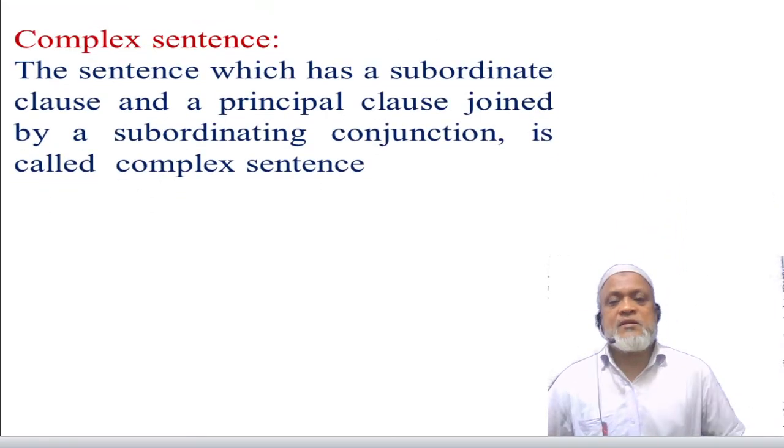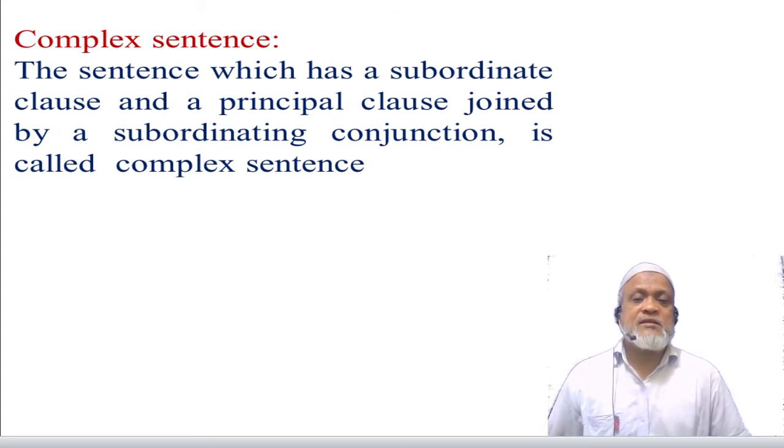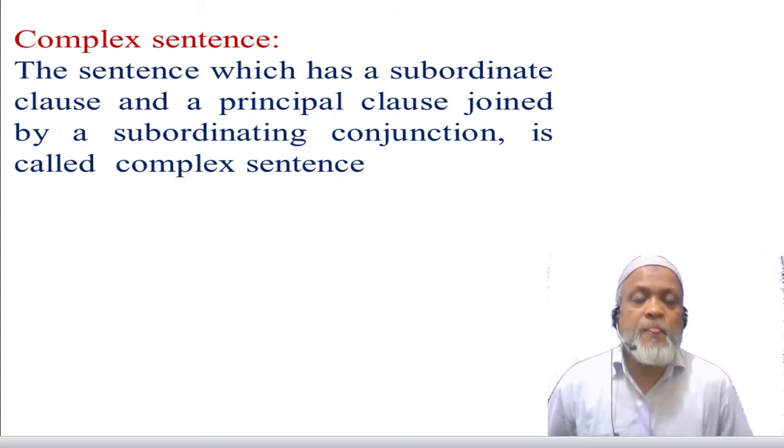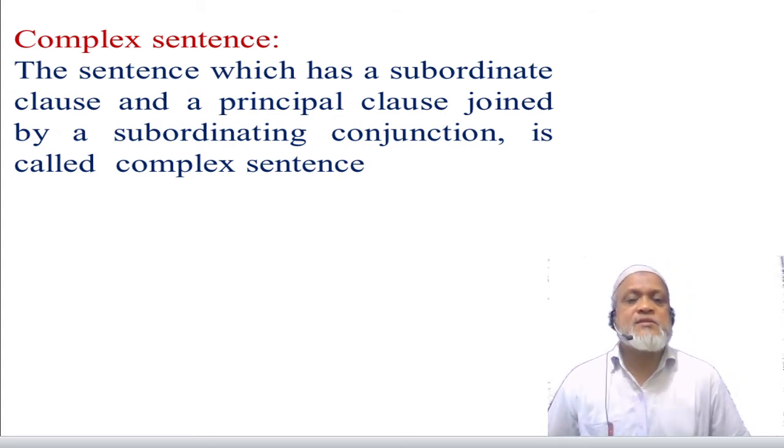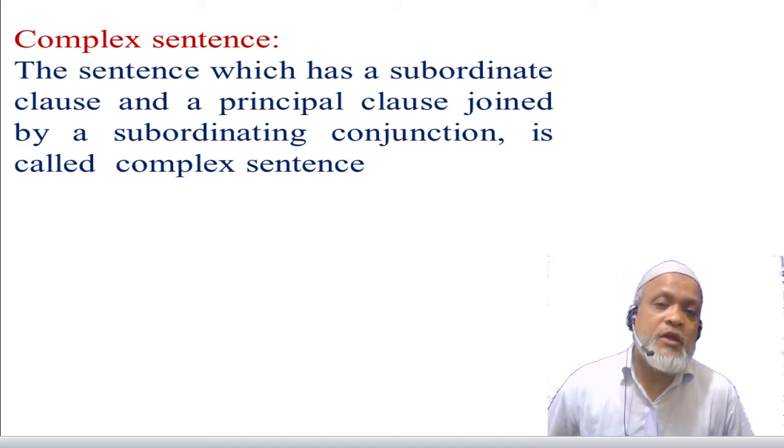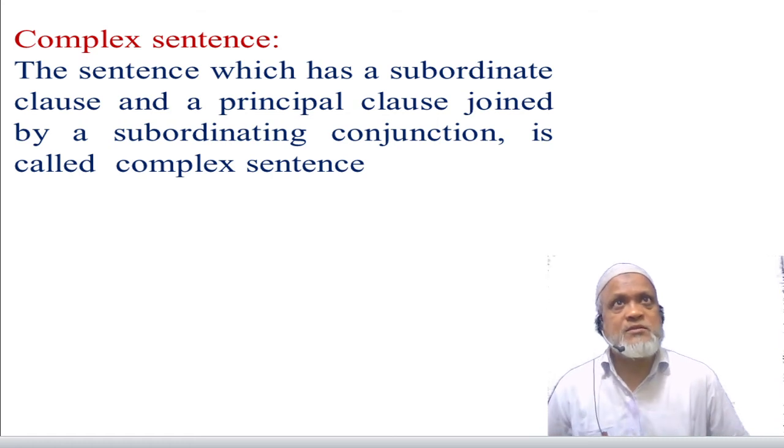And then complex sentence. The complex sentence is a type of sentence which has at least two finite verbs and two clauses.